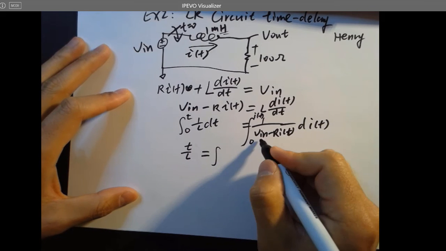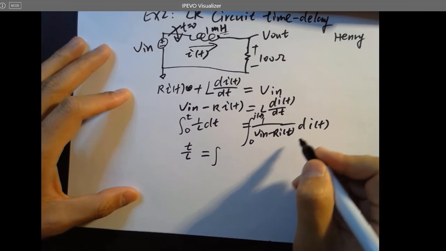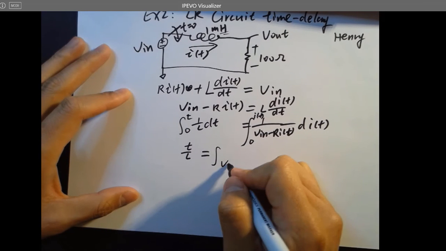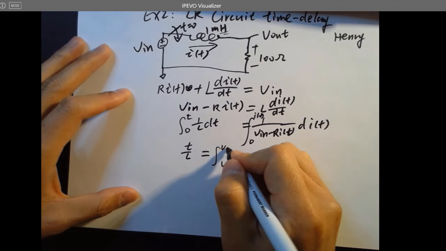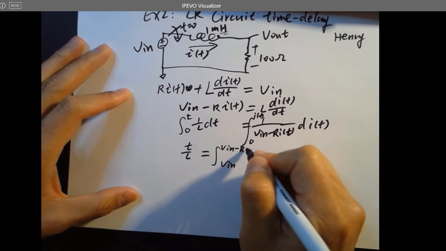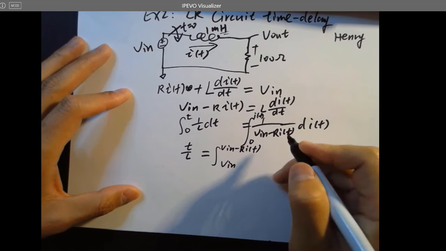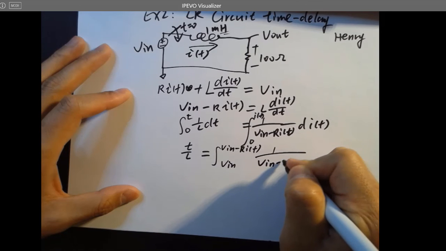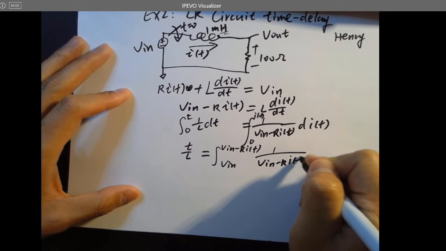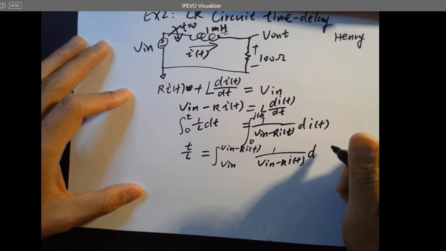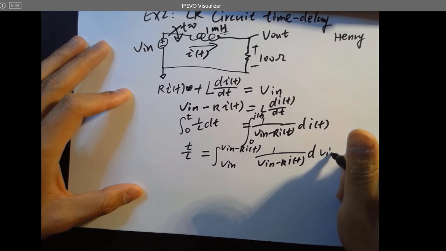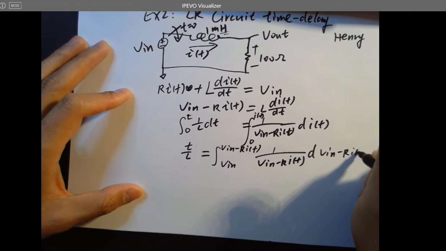So we convert it into V in minus RI(t), for example. So here will be V in left over here, and here's V in minus RI(t), and then 1 over V in minus RI(t), and derivative of V in minus RI(t).